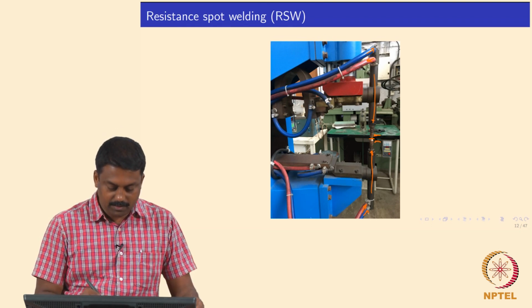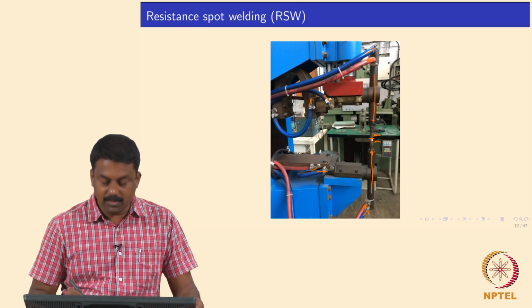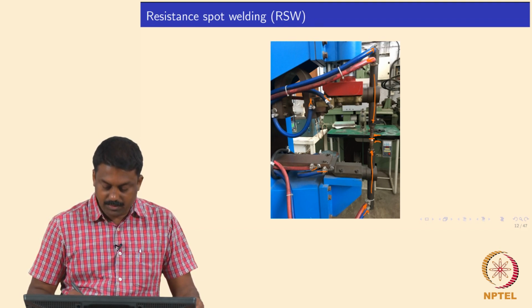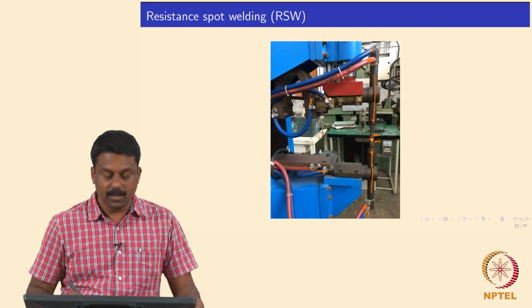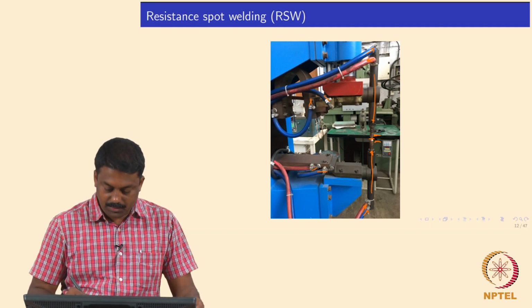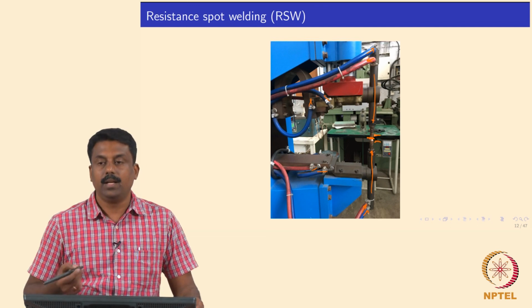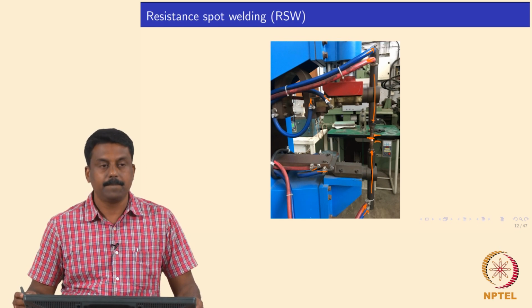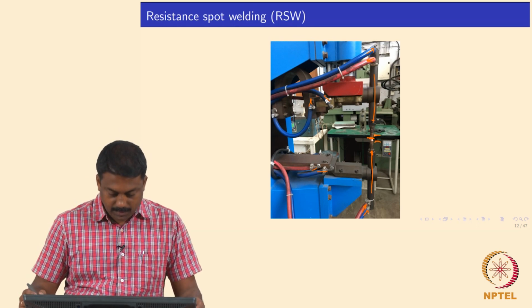We have some hydraulic mechanisms. This hydraulic applies the load required to keep the interface in contact, and subsequently the electric current is passed. The water cooled electrodes pass the current between the faying interfaces, and then you form the weld nugget. Yes, it's clear? Okay, good.